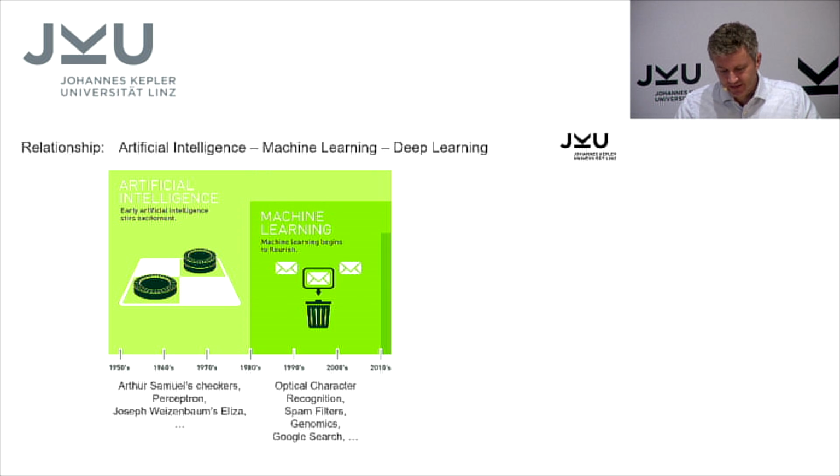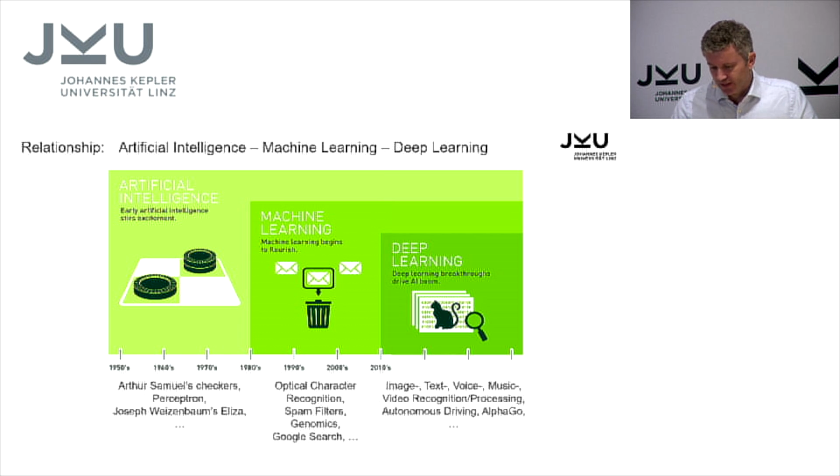Then in the 1980s, the subfield of AI, machine learning, began to flourish. The optical character recognition in scanners, spam filters, the whole field of genomics in the 90s, and also the first Google search. These were all machine learning tasks and achievements. And then, in about the last 10 years, the field of deep learning emerged and led to many breakthroughs and somehow drove the boom of artificial intelligence that we are seeing in the last 5 or 10 years.